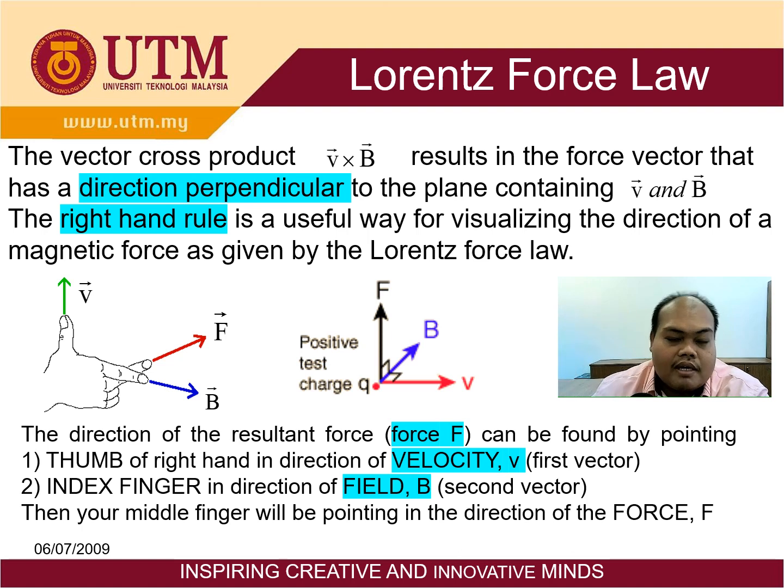That is one way to memorize it. But try to memorize the right hand rule of the Lorentz Force Law, because sometimes the question asks what is the direction of the charge if the magnetic field and movement of charge is like this. So you have to memorize this.